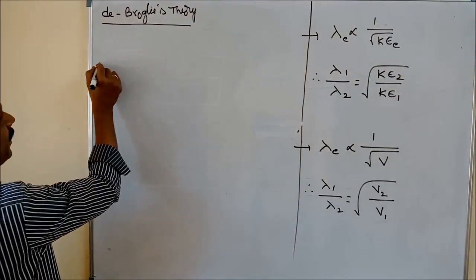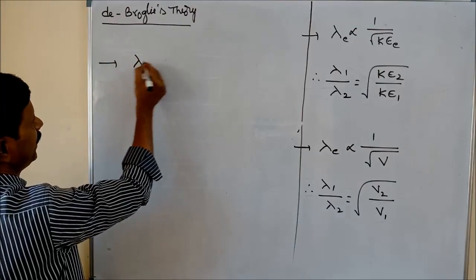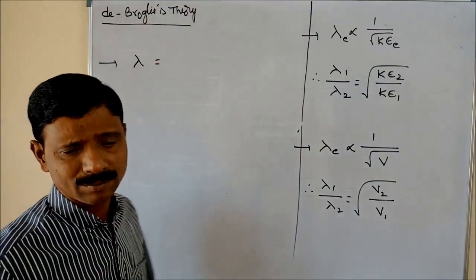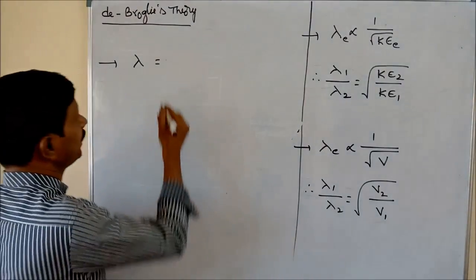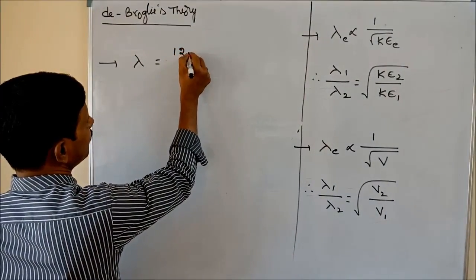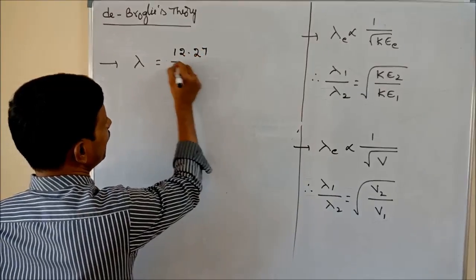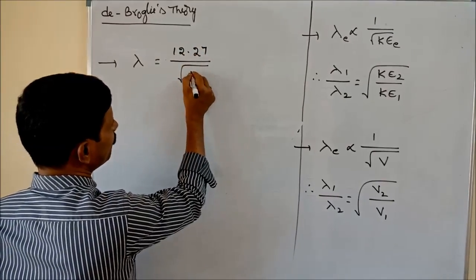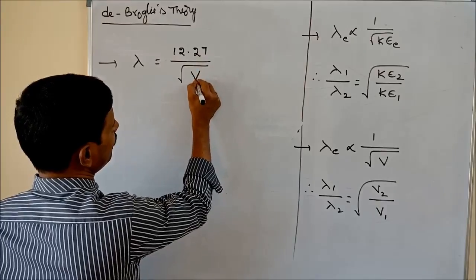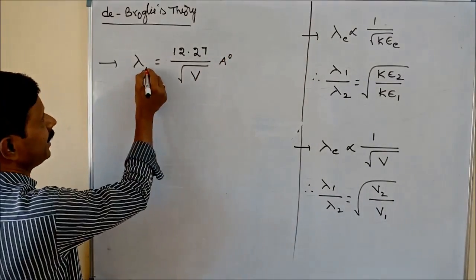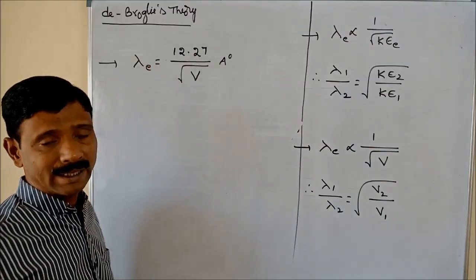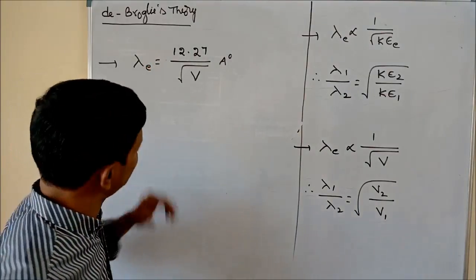If they have given the accelerating potential of the electron, how do we find its wavelength? On simplification, it is 12.27 by root of V, the accelerating potential, in angstroms. So this is the wavelength of the electron at a given potential.